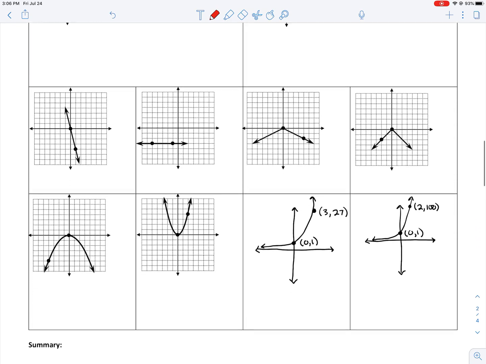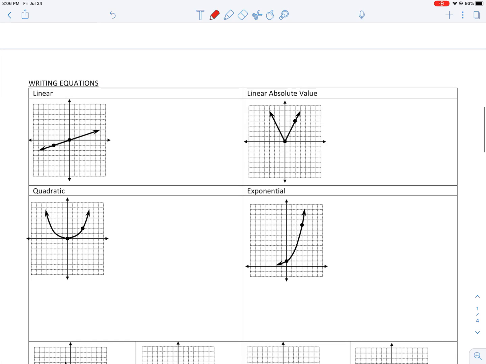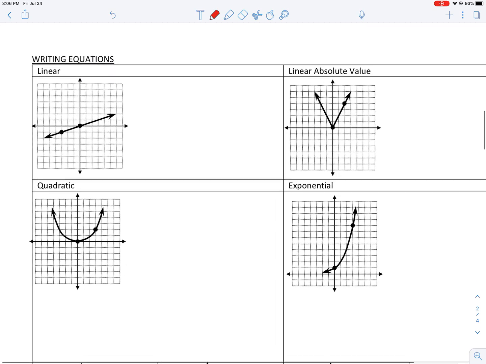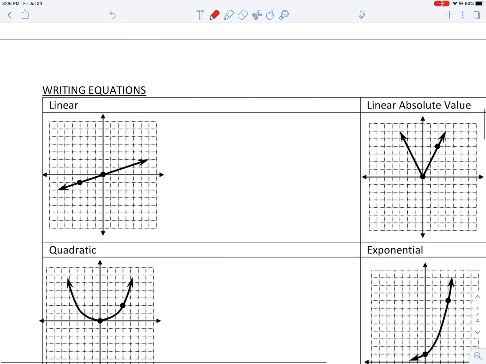All right, next, writing equations. So we have our linear functions, our linear absolute value, and so forth. So linear equations, usually it's y equals mx plus b, right? You can do that. You can do point slope form, right?